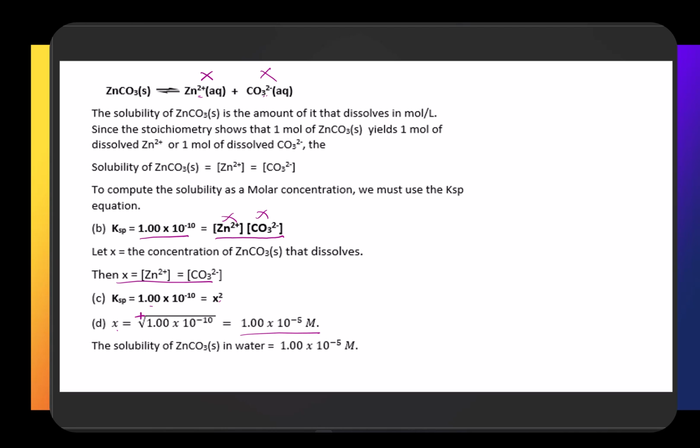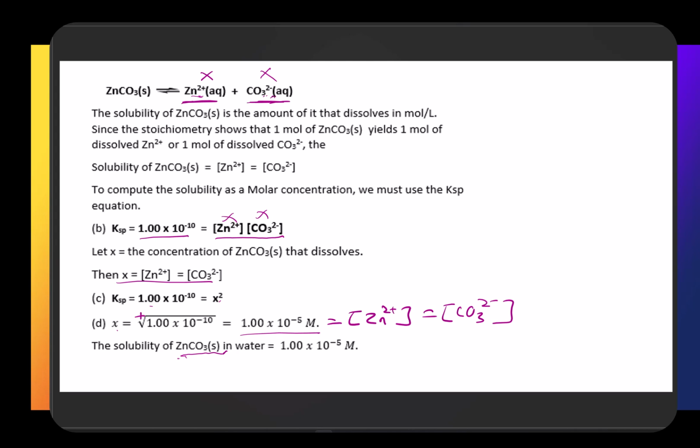That's going to be the solubility of the zinc carbonate in water. It's also going to be the concentration of dissolved zinc ion and dissolved carbonate ion. So in other words, the solubility of the zinc carbonate is the same, or calculated values in the same ratio.